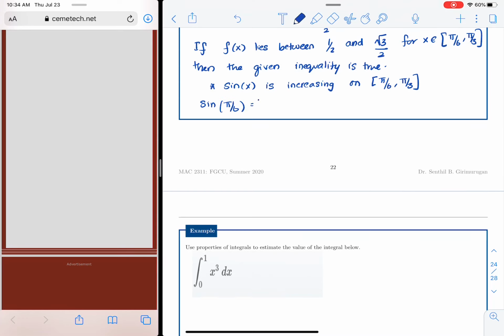Sine pi over 6 is 1/2, and sine pi over 3 is square root of 3 over 2. You can use a calculator. This would imply the function sine x will lie between those two values, 1/2 and square root of 3 over 2, because sine x is an increasing function on that interval.